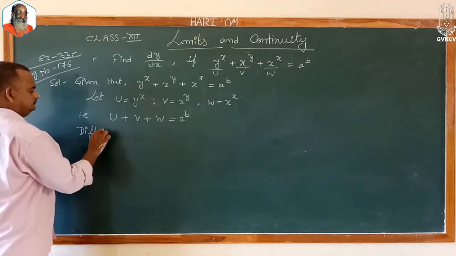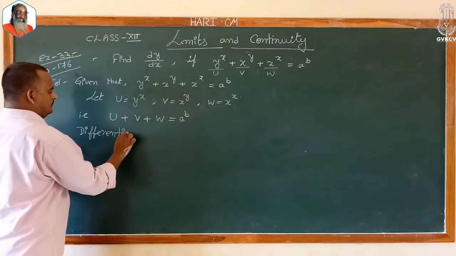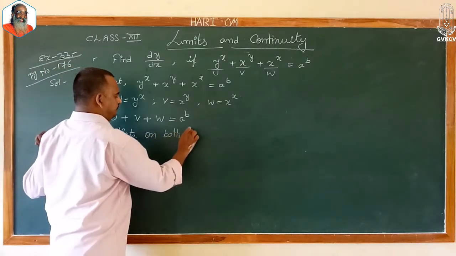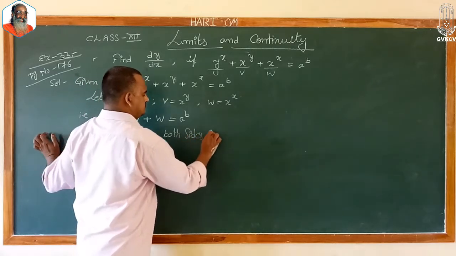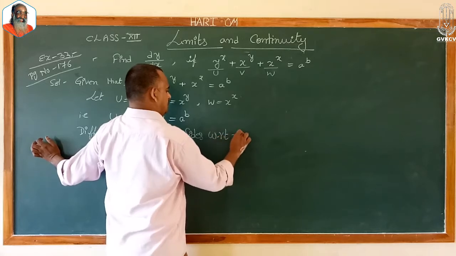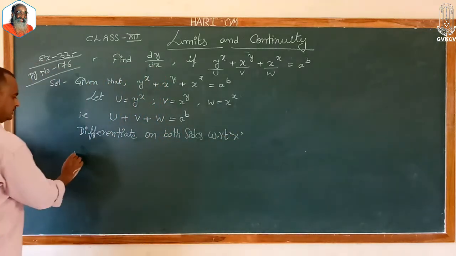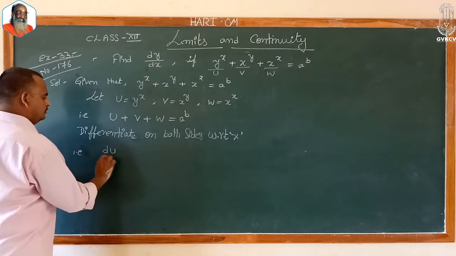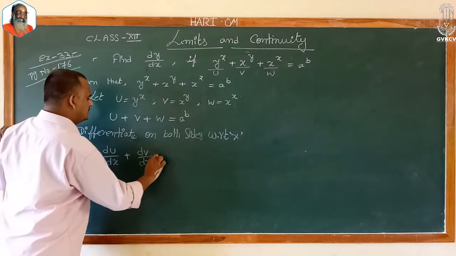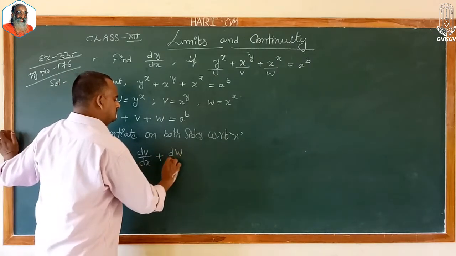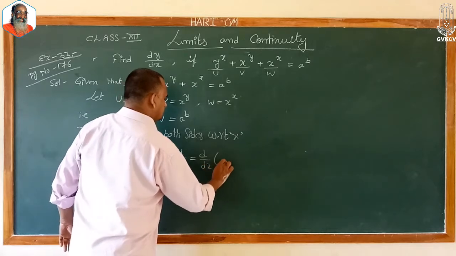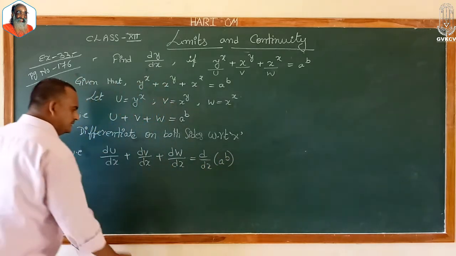Differentiate on both sides with respect to x. That is, we have du/dx + dv/dx + dw/dx = d/dx of a^b.